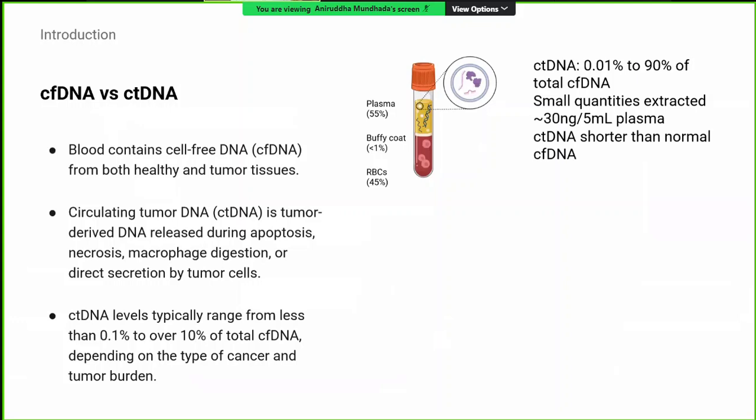But in tumor cases, it is tumor-derived DNA, which is released during apoptosis or necrosis or any kind of cell damage from the tumor, and this is known as DNA shedding by the tumor. This ranges from less than 0.1% to over 10% of total cell-free DNA, depending on the type of cancer and tumor burden. In gliomas or CNS cancers, it is even less because of the blood-brain barrier, which the tumor cells are not able to cross.